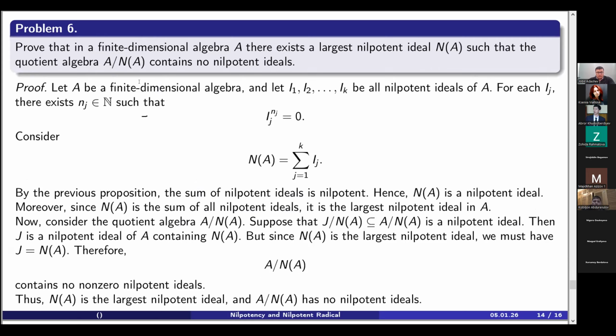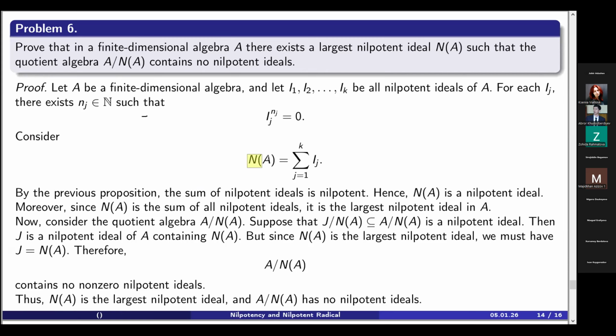Proof: let A be a finite dimensional algebra and let I1, I2, and so on, Ik be all nilpotent ideals of A. For each Ij, there exists nj such that Ij to the nj is equal to 0.